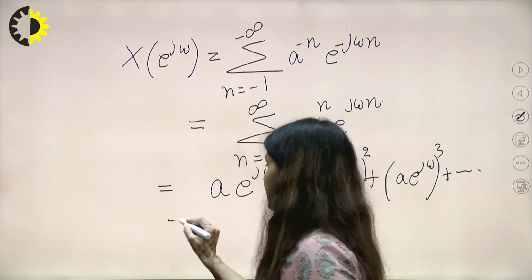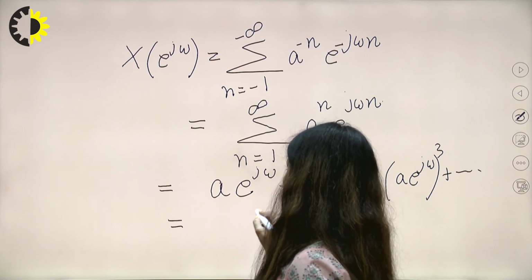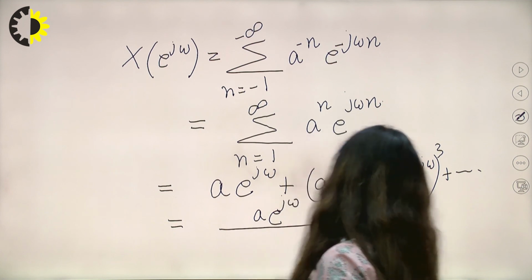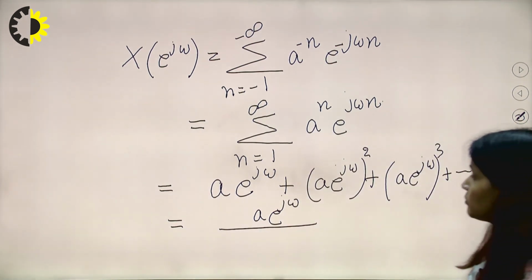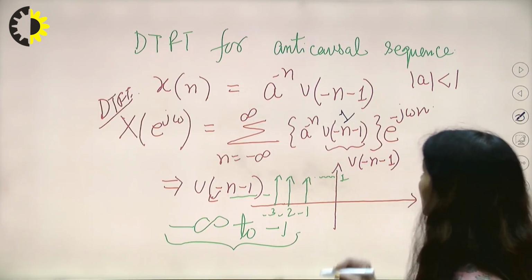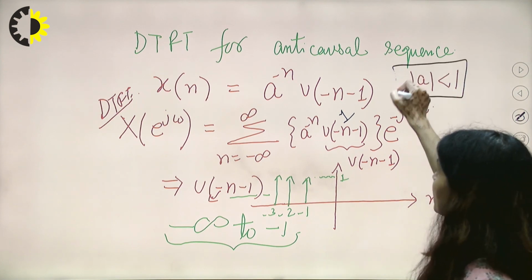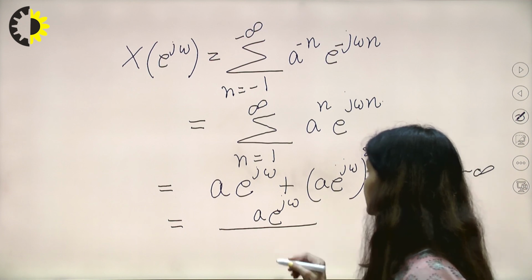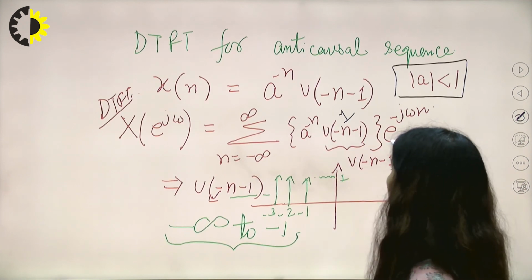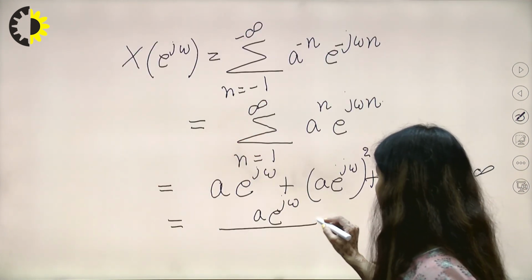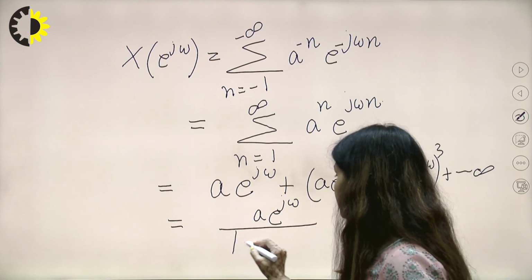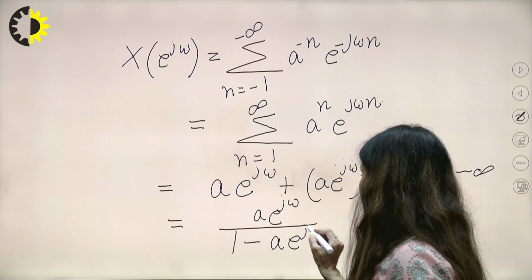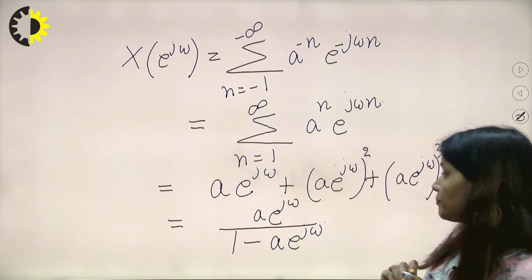If I write the summation, I can put a e raised to the power j omega as a constant, and up to infinity this term is extending, and also we are given that mod a is less than 1. So we can apply the summation property. For all these values we have written, we get 1 upon 1 minus a e raised to the power j omega.